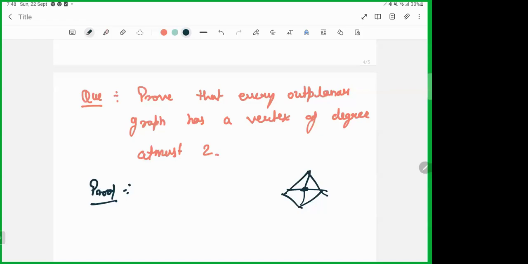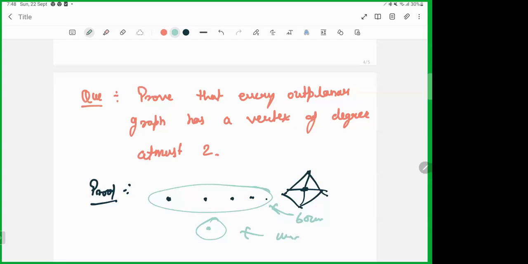You have vertices corresponding to some bounded faces and a vertex corresponding to the unbounded face, right? There will be some bounded faces, and this vertex corresponds to the unbounded face.